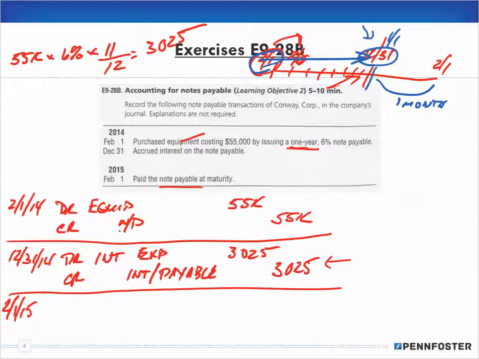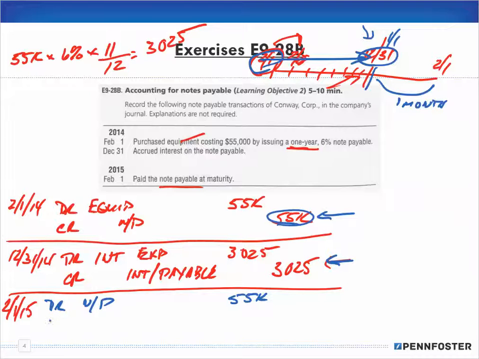I know that when I'm paying the note payable at maturity, I have to reverse the note payable right here. So I'm going to debit my note payable for the 55,000, which makes that balance and that balance wash each other out. I also have to take care of the interest payable, which is on my books.